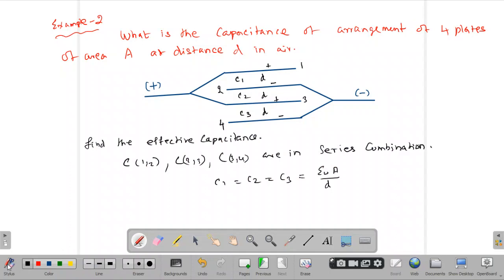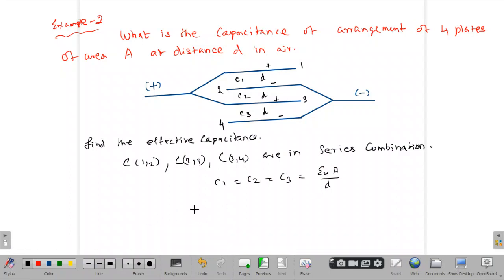And all the three in series combination means 1 by C must be equal to 1 by C1 plus 1 by C2 plus 1 by C3. This implies 1 by C equal to 3 by C1 or 3 by C2 or 3 by C3. Why? C1 equal to C2 equal to C3.